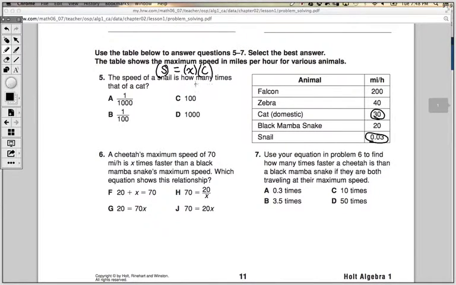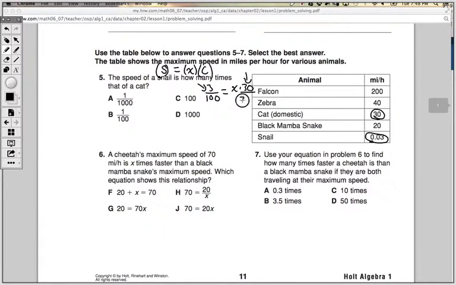All right, well, how could we figure that out? Well, we know that the snail is 0.03, or another way to think of that is 3 over 100, equals X times the cat, which is 30 miles per hour. That's pretty fast. So I filled in the cat and I filled in the snail. Now it's just a matter of getting this X by itself.